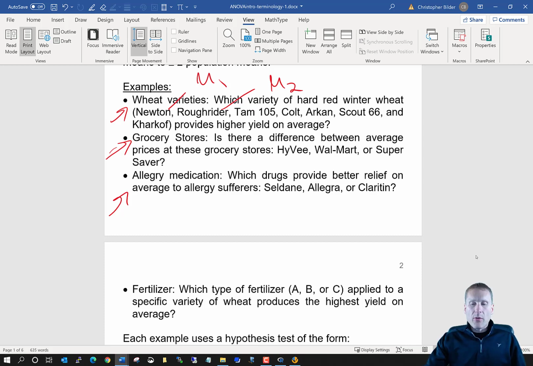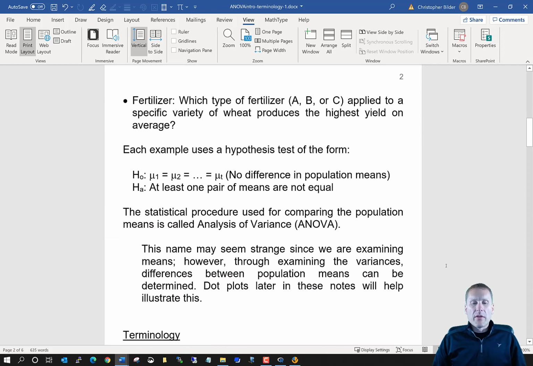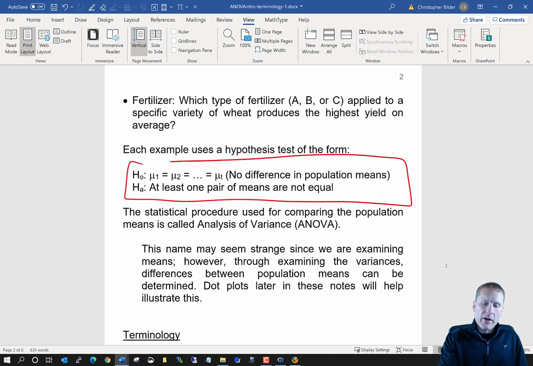And lastly, a very simple one, let's say that we're looking at three different types of fertilizer applied to a specific variety of wheat, which produces the highest yield on average for the wheat itself after the fertilizer is applied. So in each example, we're looking at a hypothesis test that you could write out in a very general form such as this.